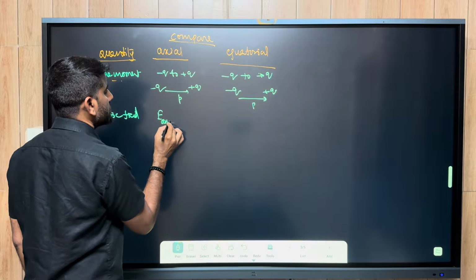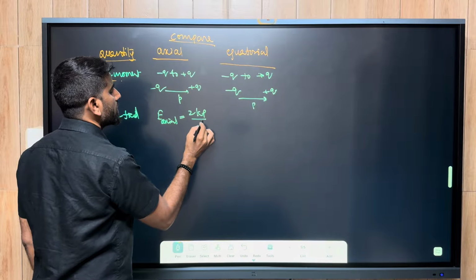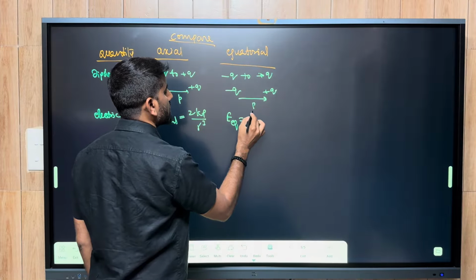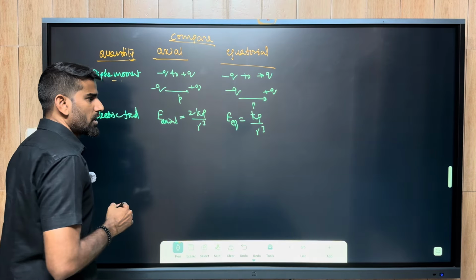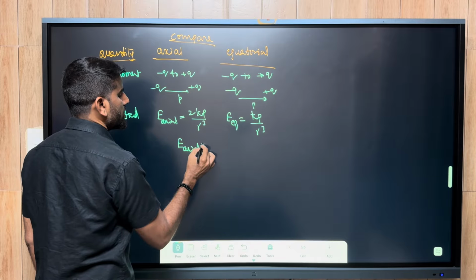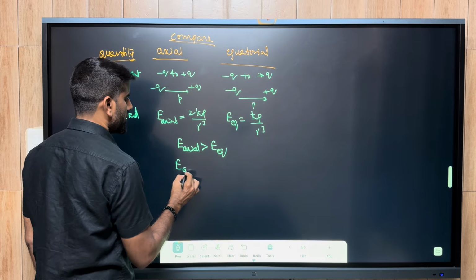Now, electric field. E axial is equal to 2 kp by R cube, E equatorial is kp by R cube. Okay, that means E axial is greater than E equatorial.